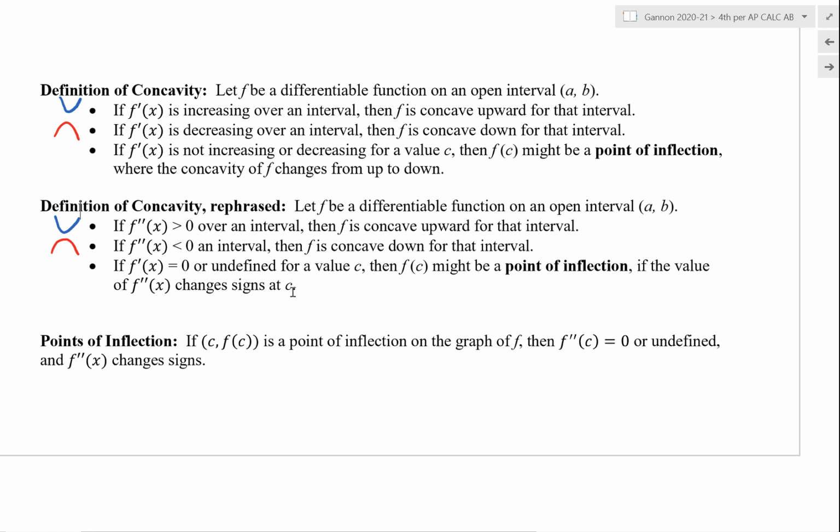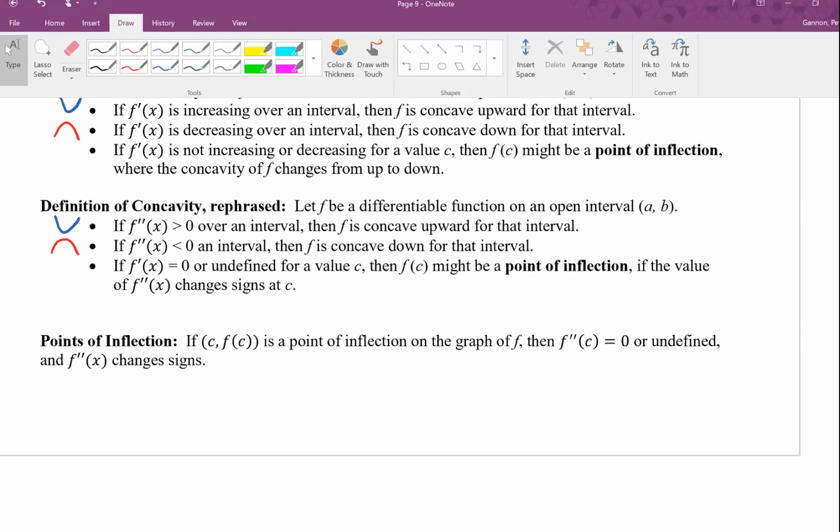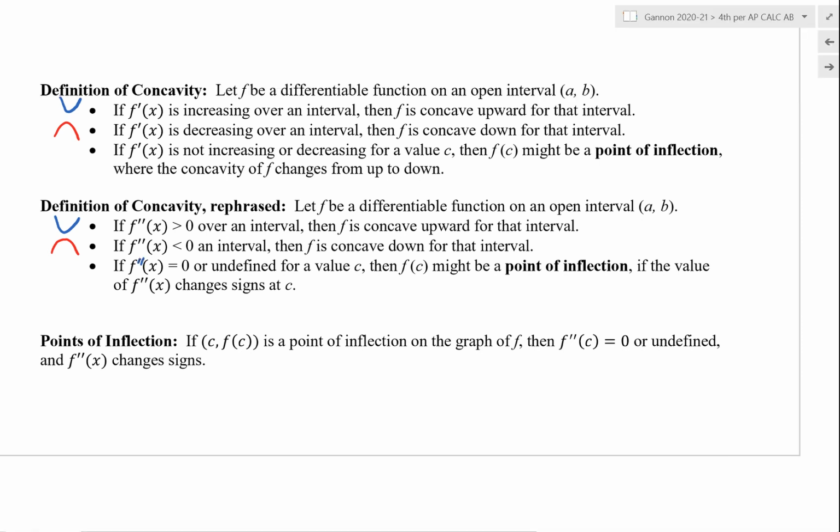Okay, and this, guys, I apologize, this should have said if f double prime equals 0 or undefined. It may be a point of inflection if there's a sign change.